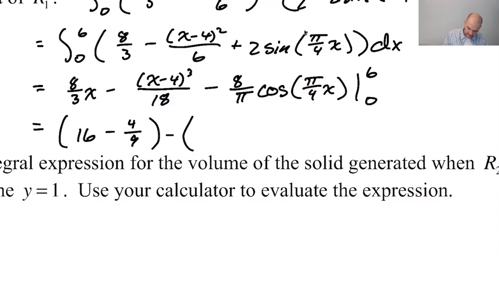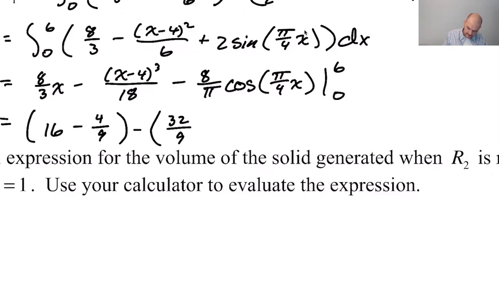Minus quantity, plug in 0. 8/3 times 0 is 0. Minus negative 4 cubed is negative 64, so that's really plus 64 over 18, which is plus 32 over 9. And then the cosine of 0 is 1, so minus 8 over pi.